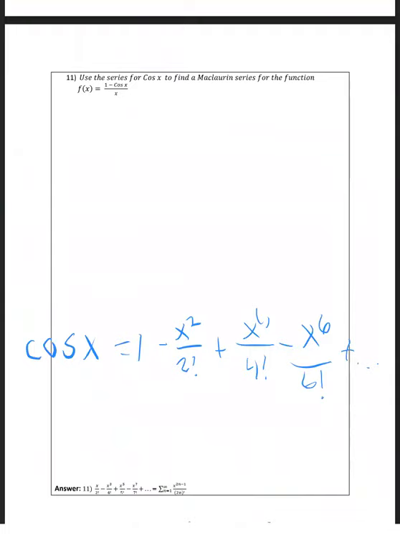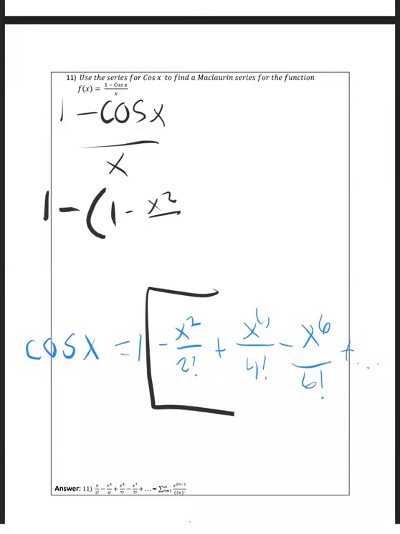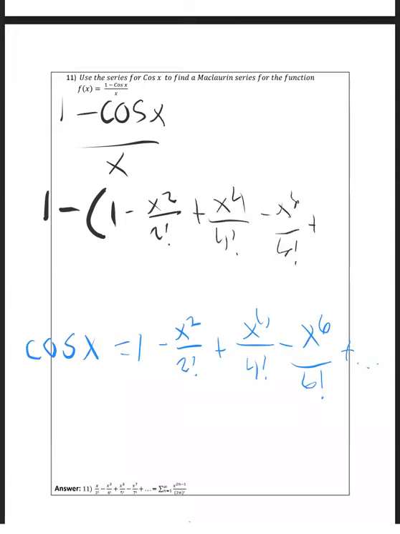So let's do it. 1 minus cosine of x over x is 1 minus all of this, because this is what cosine of x is equal to: plus x to the 4th over 4 factorial minus x to the 6th over 6 factorial plus dot dot dot, all over x, right?